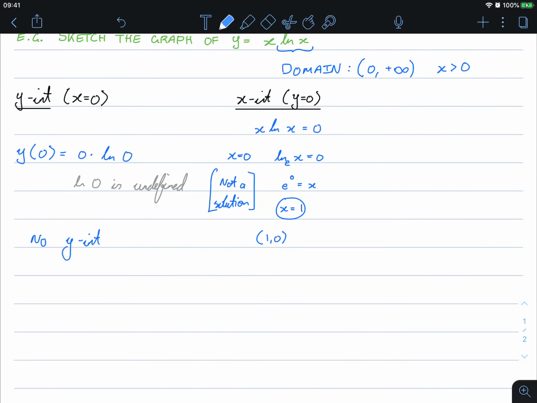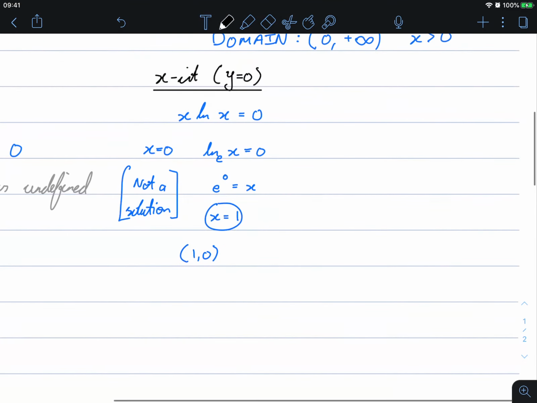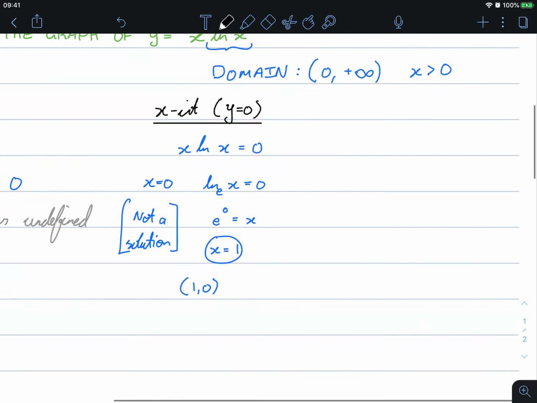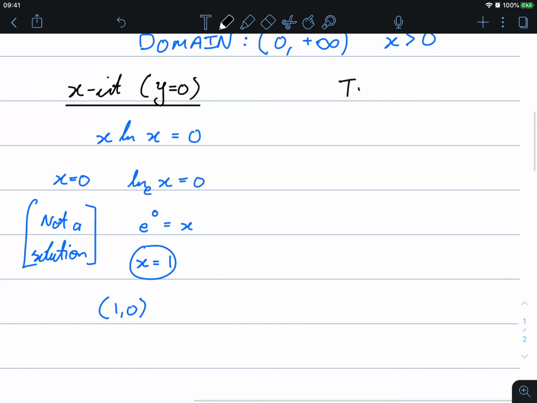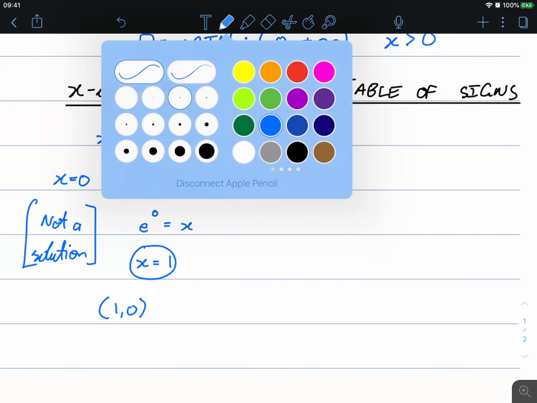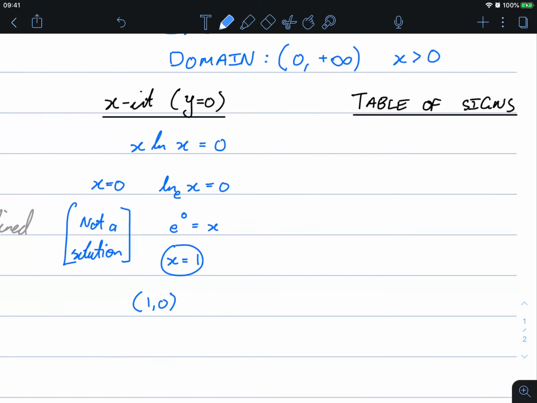Now from this, we can create a table of signs to help us graph this function. And this will indicate to us where the function is above or below the x-axis.